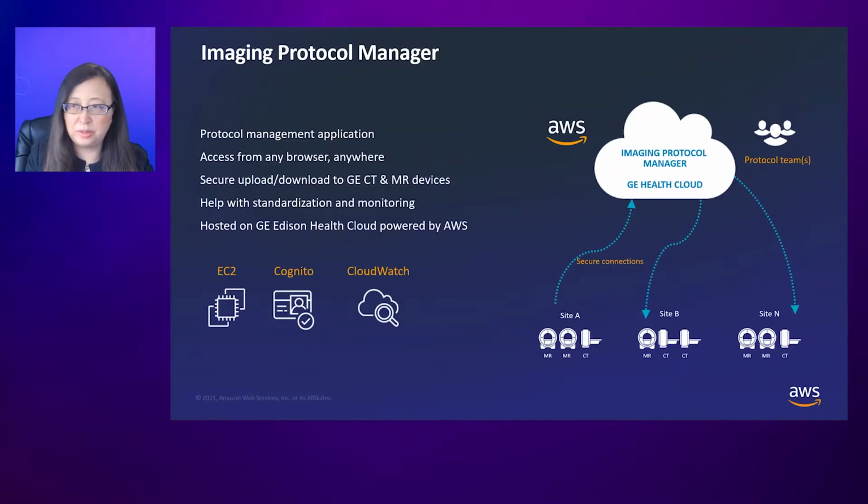It supports the remote protocol edit capability in Protocol Manager. AWS Cognito provides authentication, authorization, and user management for the application. AWS CloudWatch provides monitoring capabilities of the AWS resources and the application in real time. We use CloudWatch to collect and check relevant metrics, such as resource utilization and application performance.